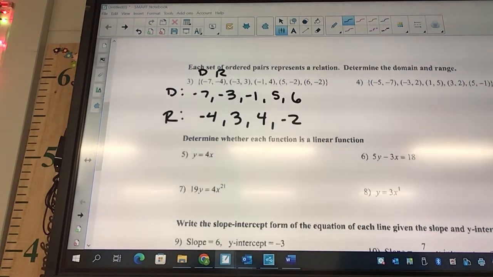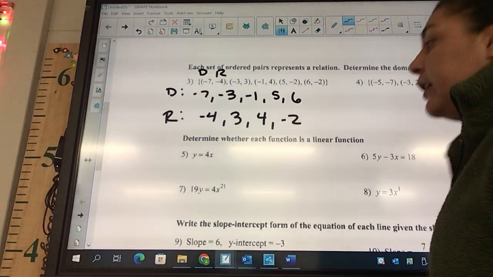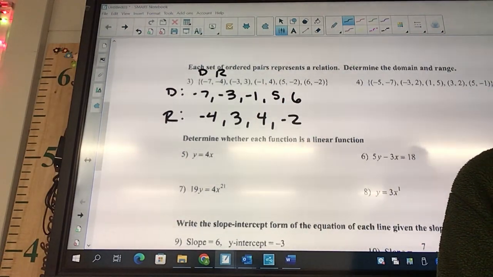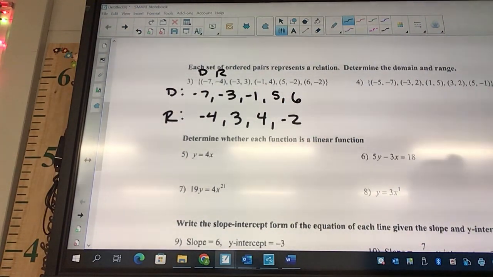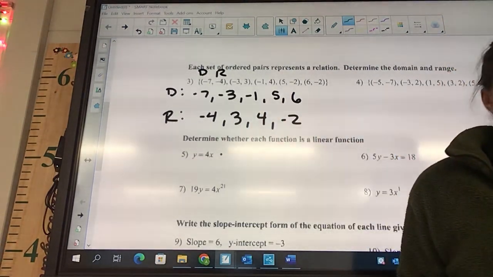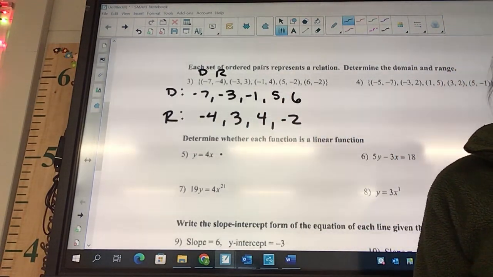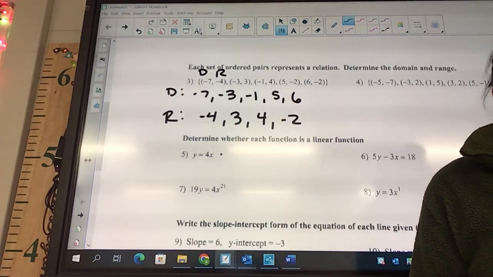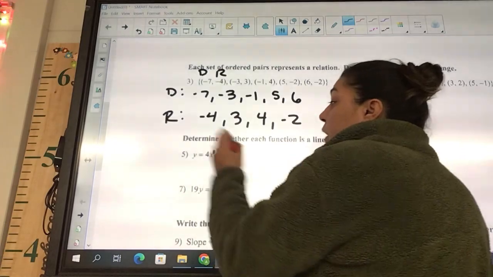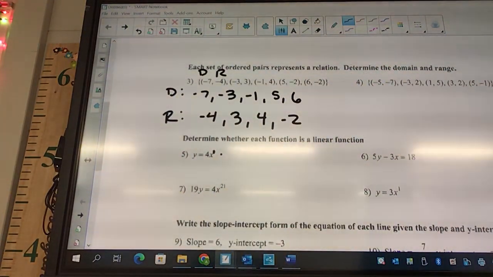Okay, determine whether each is a linear function. How can you tell if it's linear or non-linear? If it's got the square, anything higher than a square. So what is this one? 4, 5. What's the power on the x? 1. There's nothing there, so it's a 1. So is that linear or non-linear?